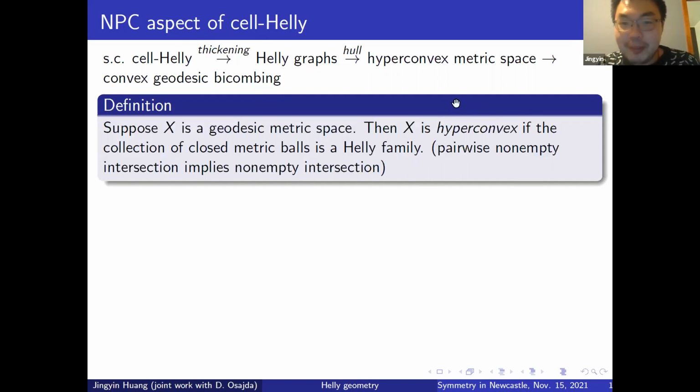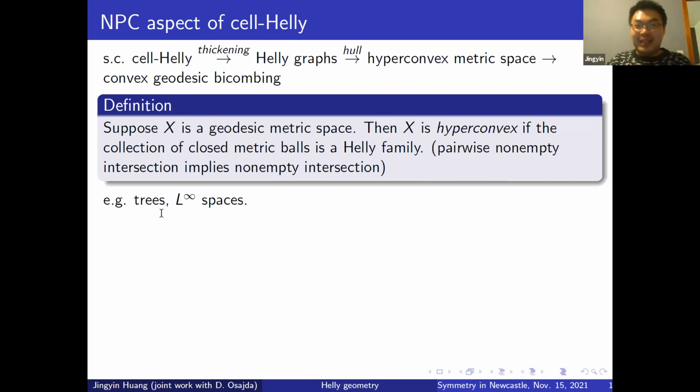define the notion of hyperconvex. I take X to be a geodesic metric space. We say X is a hyperconvex metric space if the collection of closed metric balls is a Helly family. That means if I have a collection of balls which pairwise intersect, then the intersection of all of them is non-empty. The example you have in mind is trees, where this is true.